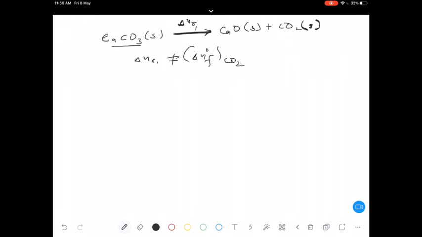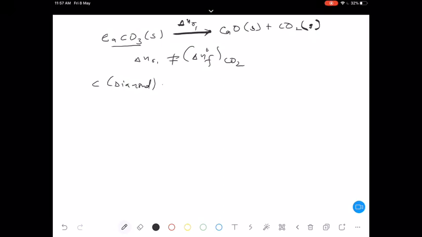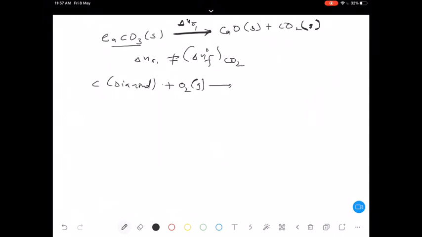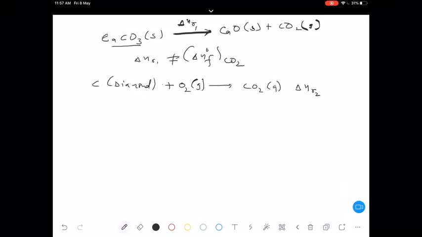First of all, next thing we are saying that it should be formed from its constituent elements. So let's say here I write carbon as diamond plus oxygen gas, giving you CO2 as gas. Let's say delta HR2 if I write.